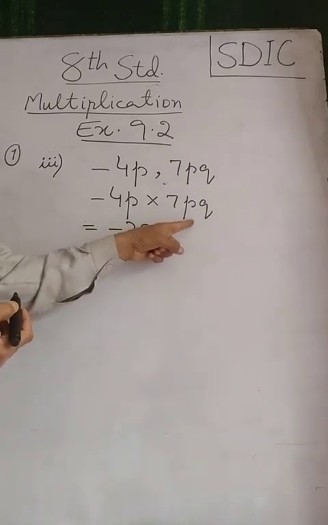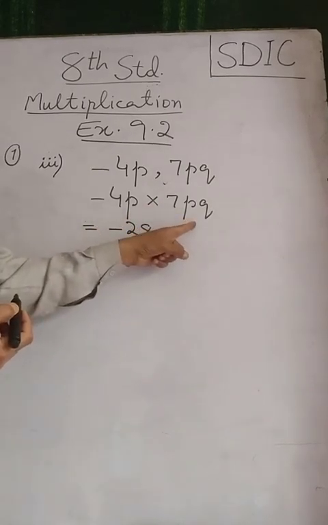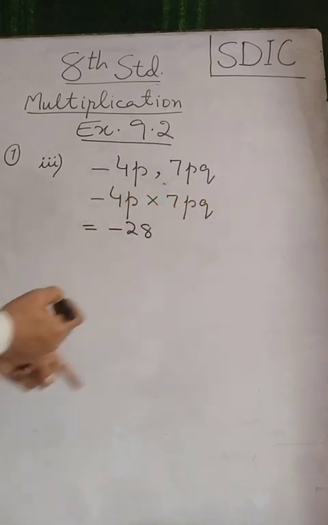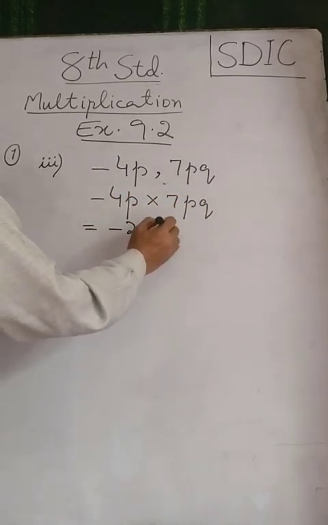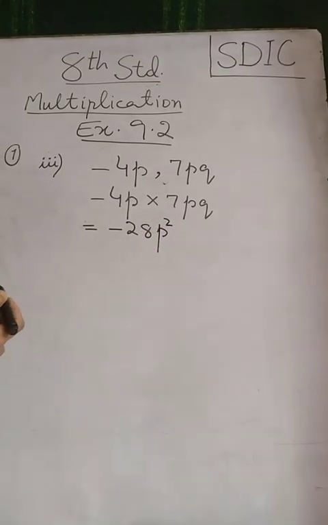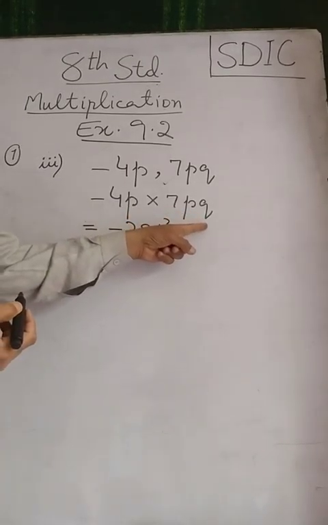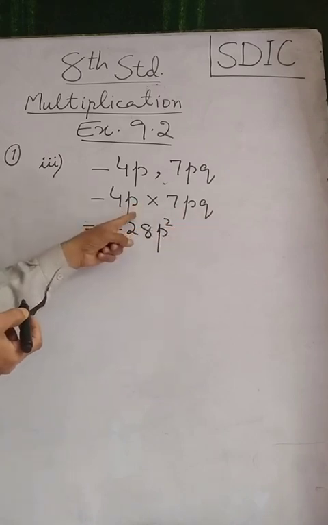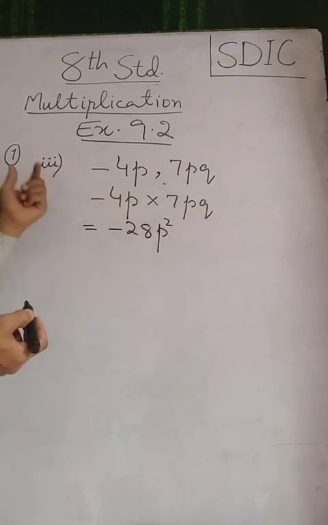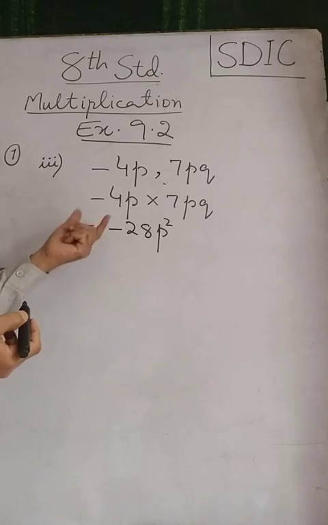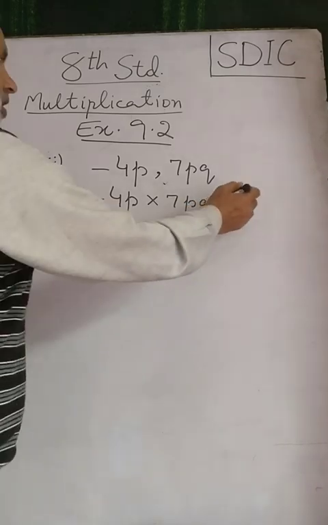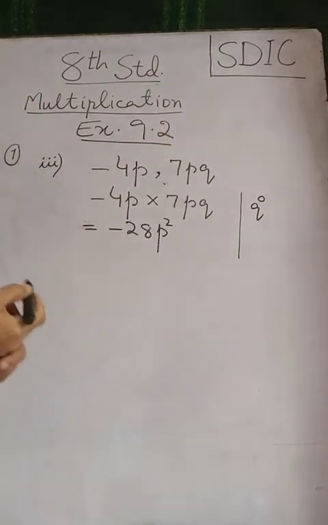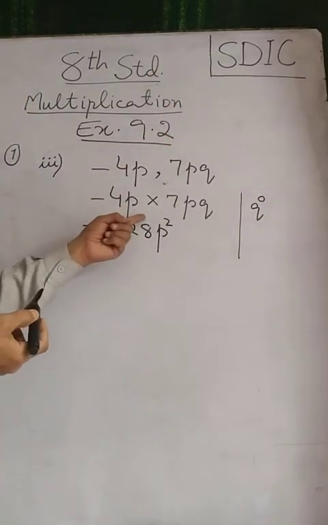Same base in the variable part. p, here also p. Power of p here is 1, again 1 here. Powers added, p square it will be. 1 plus 1, 2. But we have another variable in the second monomial expression, q also. First does not have it. Therefore, as we did in part number 1, the variable was missing. We took the power of that as 0 because the variable was missing there.